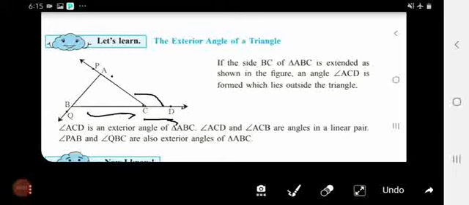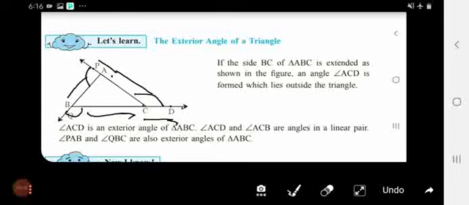Like that, if side AB is extended to point Q, the angle QBC is created. Like that, if side AC is extended up to point P, then angle PAB is created. This is called an exterior angle of the triangle.